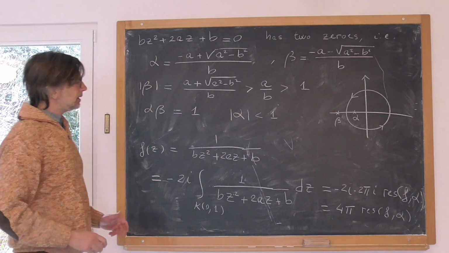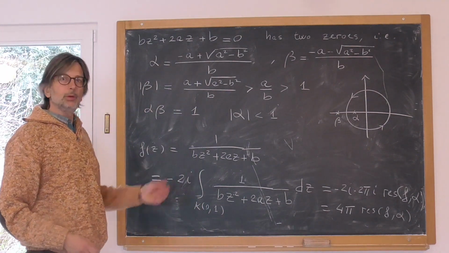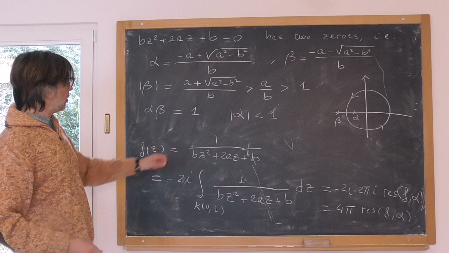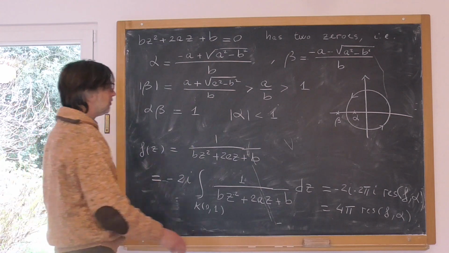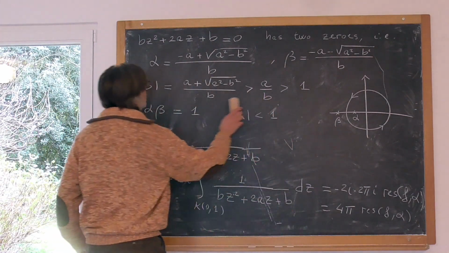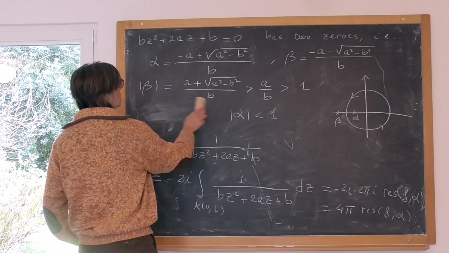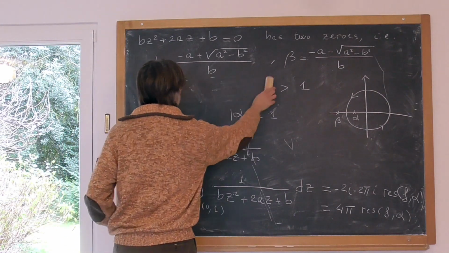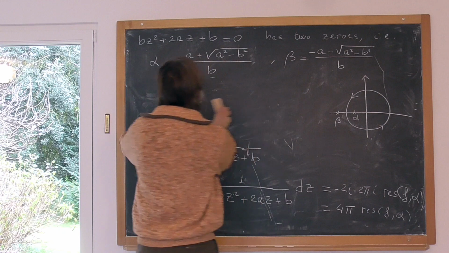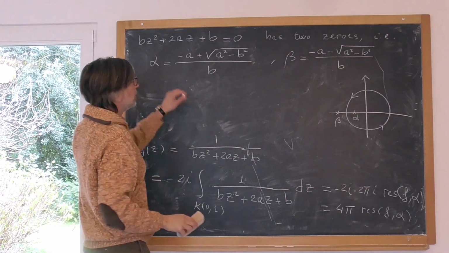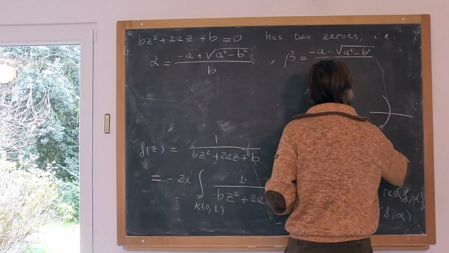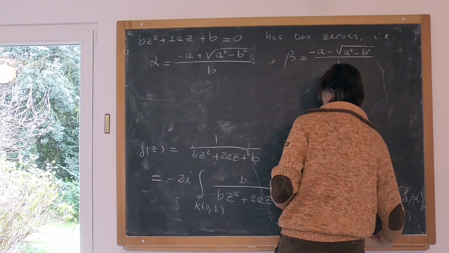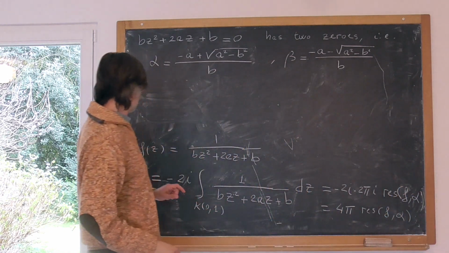Okay, so the last step is to compute the residue of the function f at alpha. Maybe I'll keep just here the formulas for the two zeros of the polynomial.